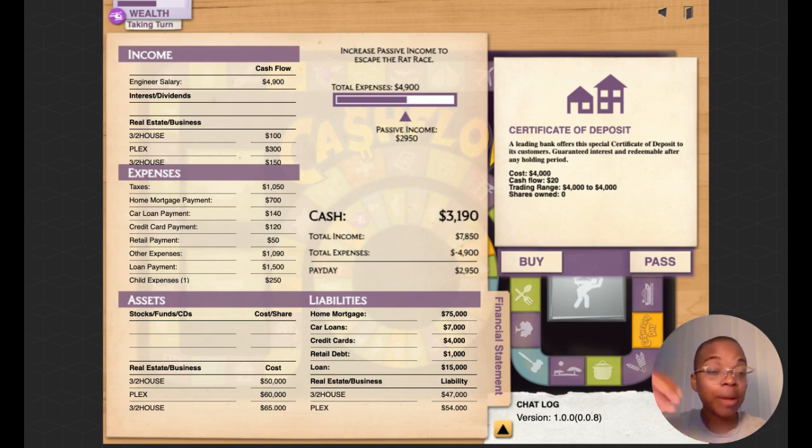So if I'm putting in 4,000 for a cash flow of $20 from it, and I'm not 100% sure if this is a month or just the percentage yield, what would that be? 20 divided by 4,000 would be 5% on this.